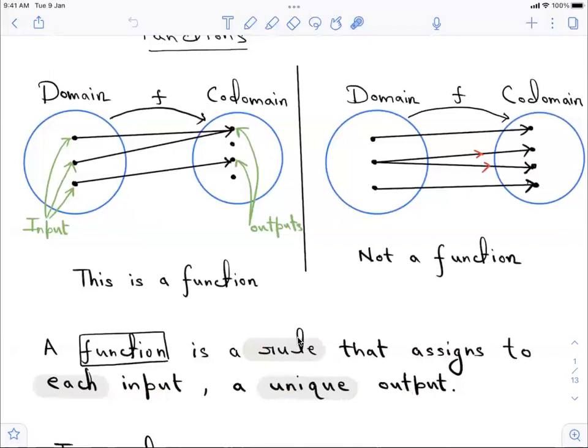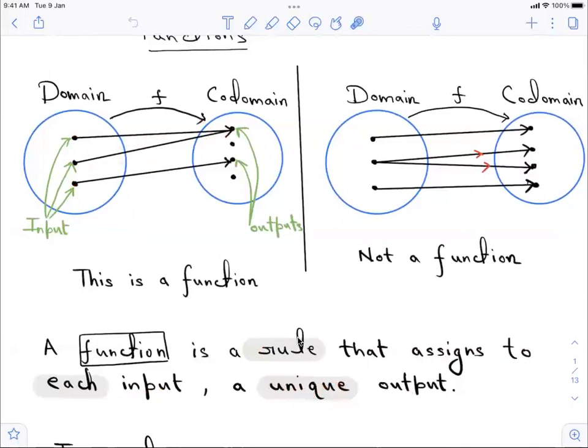So first of all, it's a rule, and it has to assign each input. So you cannot leave out any of these inputs, and each input a unique output. So you cannot assign more than one output to each input. Okay, so we have to assign a unique output.